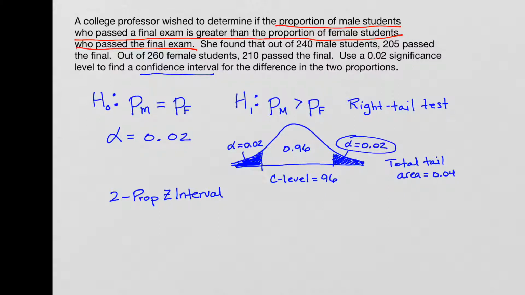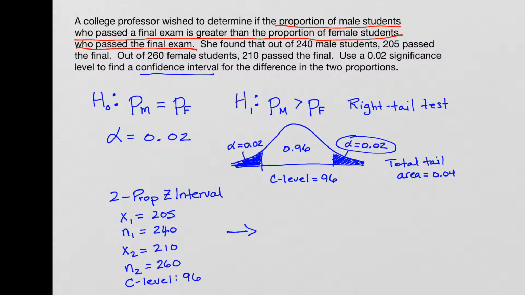So we're going to say for the males, let's see, we had X1 is 205, N1 is 240, X2 is 210, N2 is 260, and our confidence level is 96. And so once I do this, then I'll get my confidence interval for this problem.